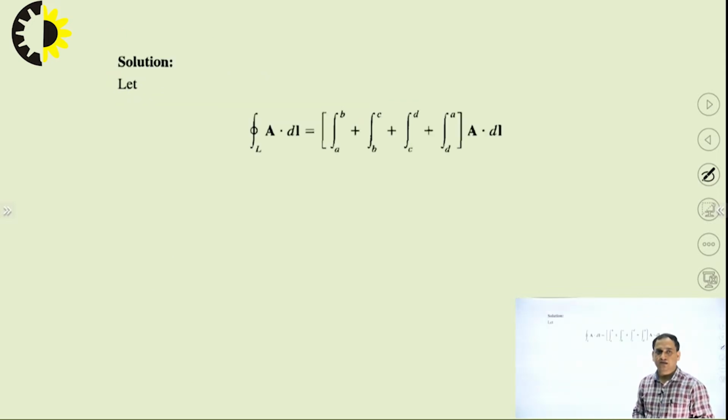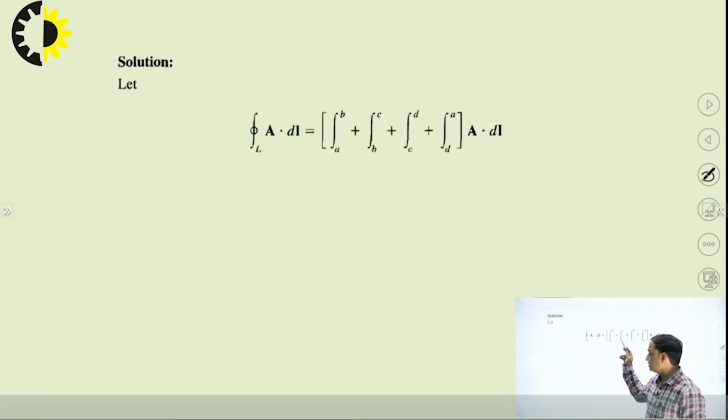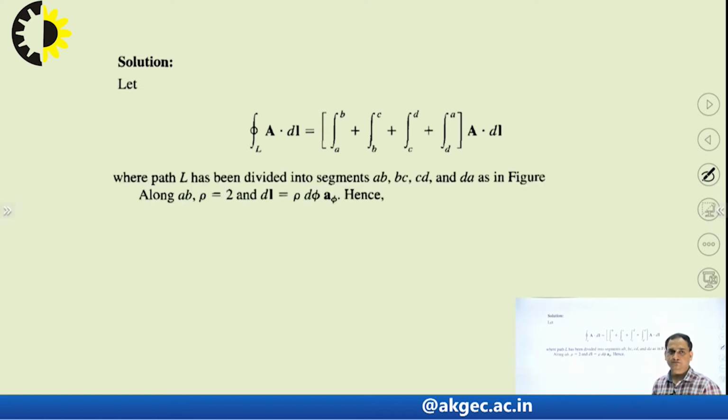So A dot dl is equal to the sum over A to B, B to C, C to D, and D to A, for the complete circulation.